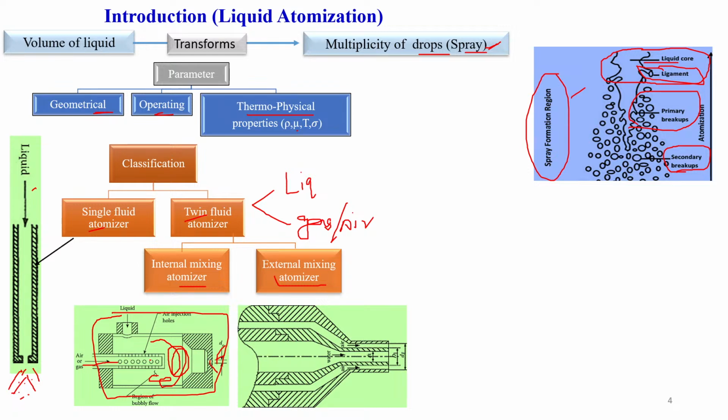So this is called the internal mixing atomizer, where liquid and gas mix inside the injector. This is the external mixing injector. Here we can see both water and air mix outside of the injector. So based on the different applications, the injector will be selected.